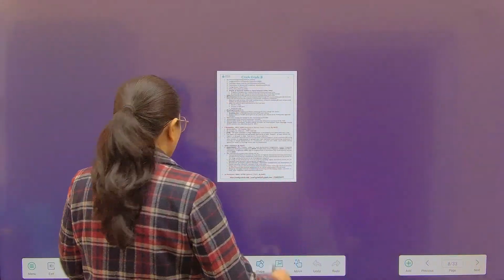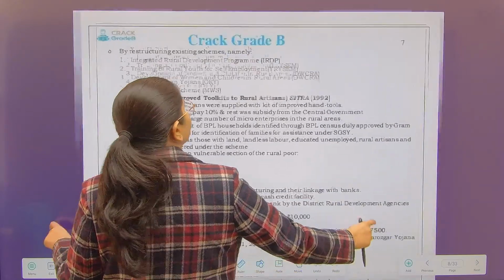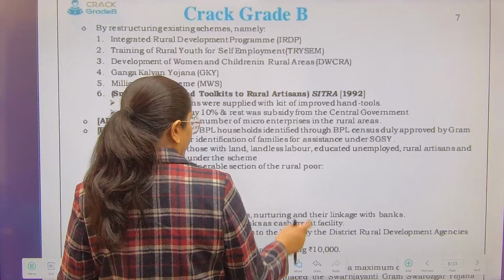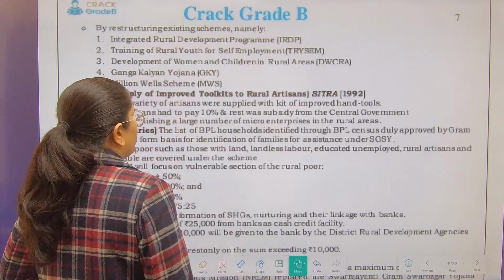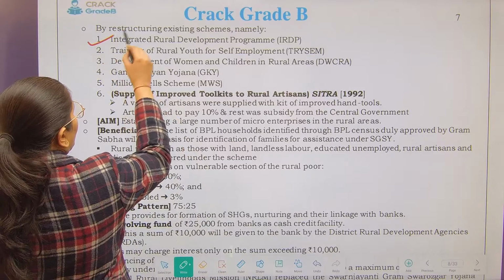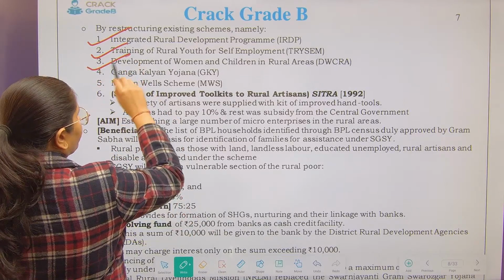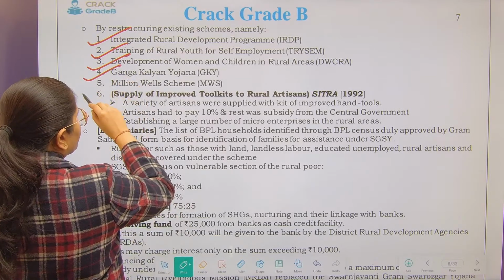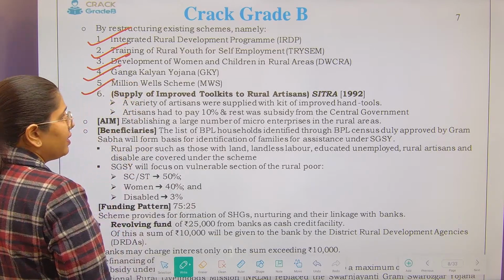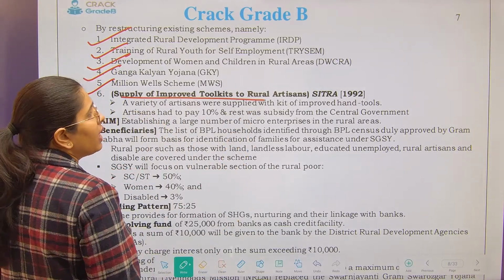Now, under this particular scheme, see, so many schemes have been clubbed up. See, these many schemes have been subsumed. IRDP, training of rural youth, TRYSEM, development of women and children, Ganga Kalyan Yojna, as well as the Million Wells scheme. Supply of improved toolkits to rural artisans.